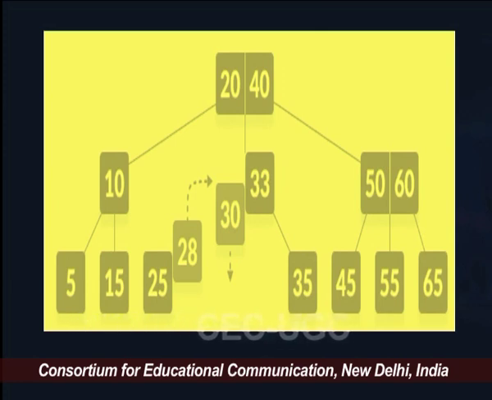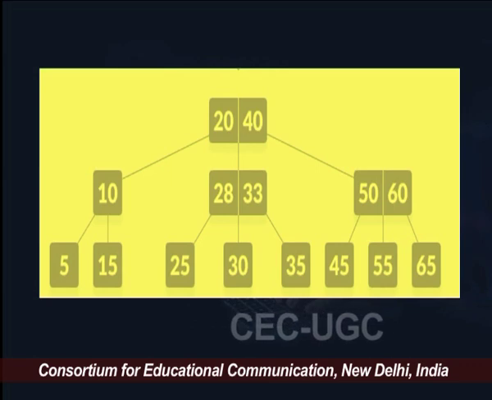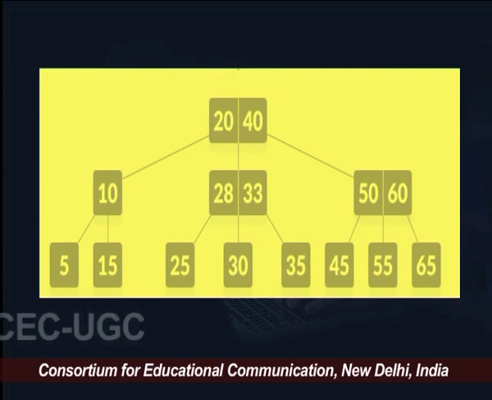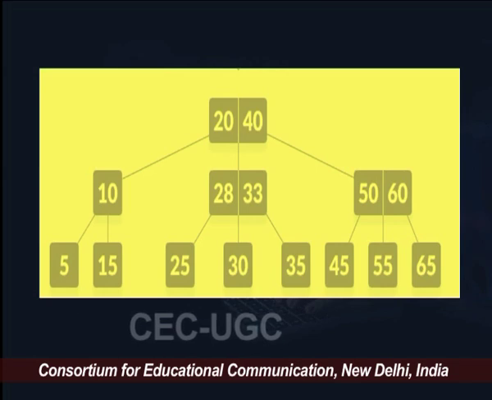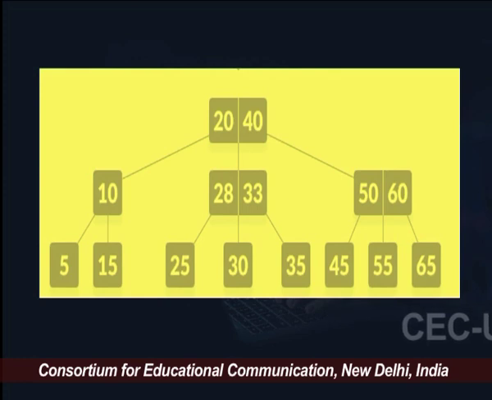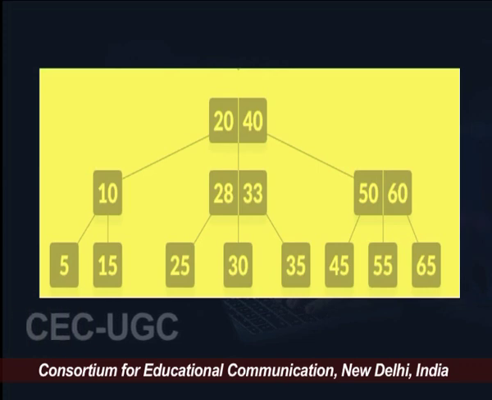So 28 will go up to the parent node, 30 will come down, and the final tree will be like this. We have 28 and 33. Left of 28 we have 25, then right of 28 we have 30, which we just took as a descendant from the parent, and 33 and 35 can sit as they are.